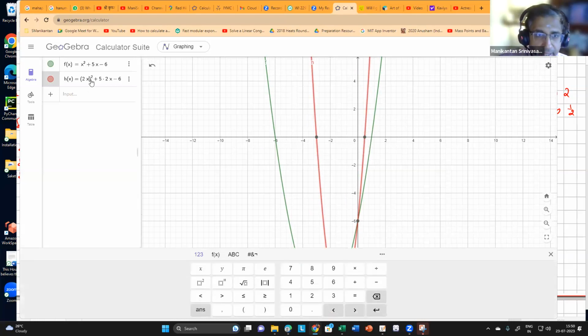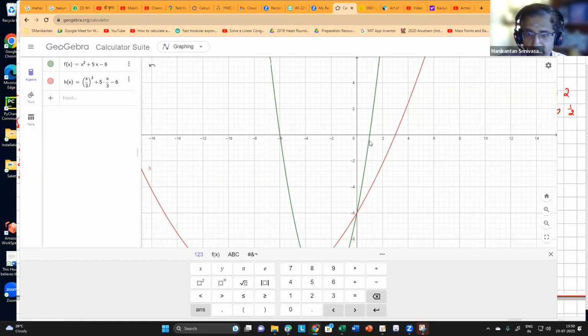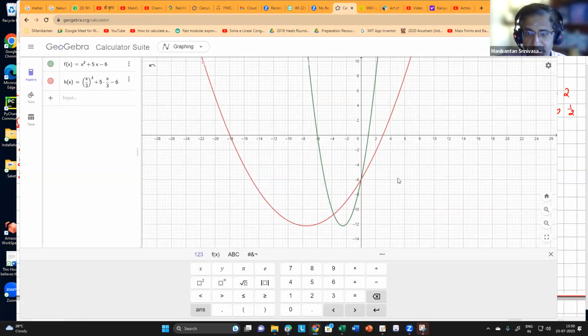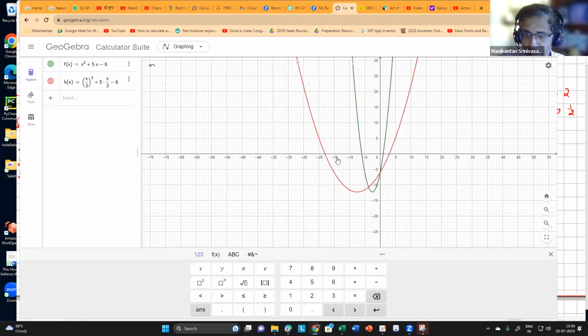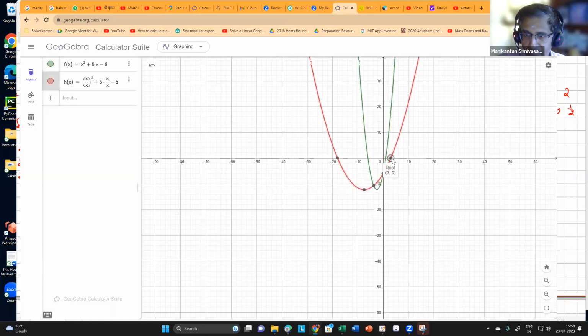On the other hand, suppose I replace every x with x by 3, it will stretch by a factor of 3. So it's counterintuitive. Okay, so here it's stretched by a factor of 3. The red one is the stretch. Instead of the roots being minus 6 and 1, now they become minus 18 and 3.